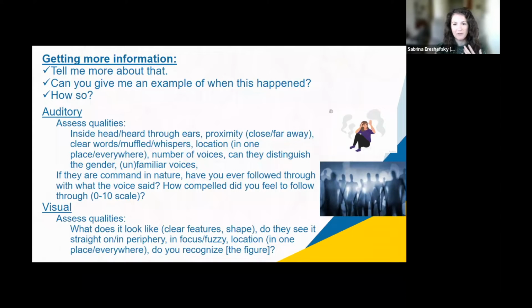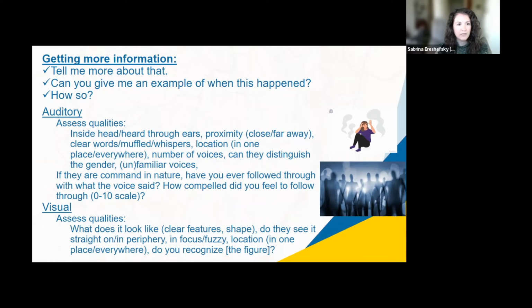So starting with some of our list, you might want to consider asking one question from each of our different categories that you'll see over the next few slides. One of the first ones that we want to do is just ask them some more open-ended questions to get more information about the symptom. So, tell me more about that. Can you give me an example of when this happened? That's usually really helpful to better understanding whether you want to keep proceeding with asking more questions or whether you can move on.